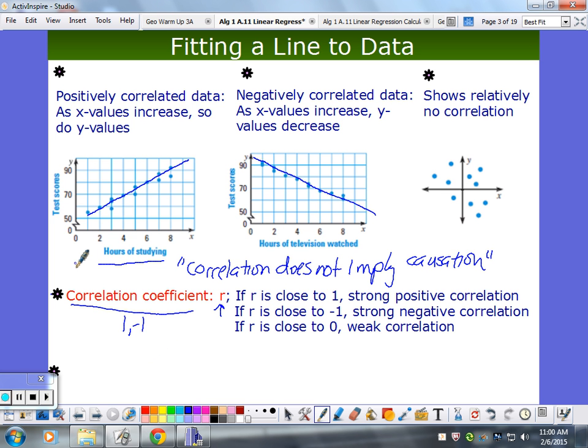Something perfectly correlated in a positive way would have a correlation coefficient of 1, and something perfectly correlated in a negative way would have a correlation coefficient of -1. A correlation coefficient of 0 means absolutely no correlation whatsoever.